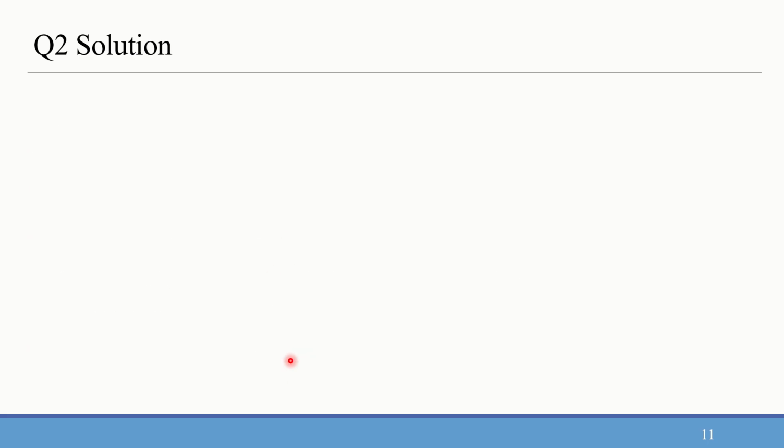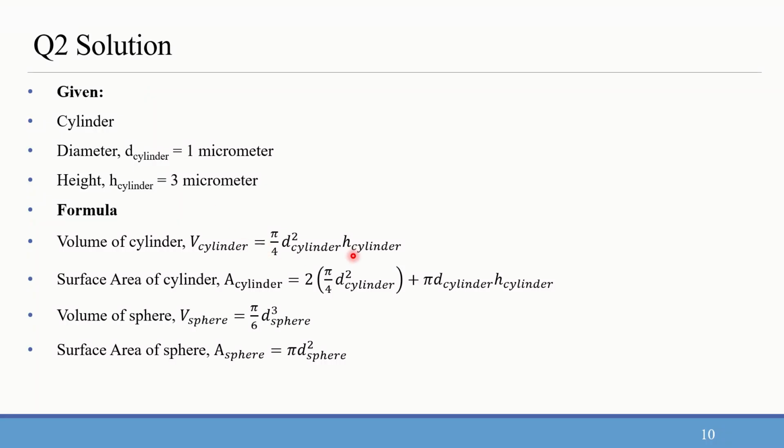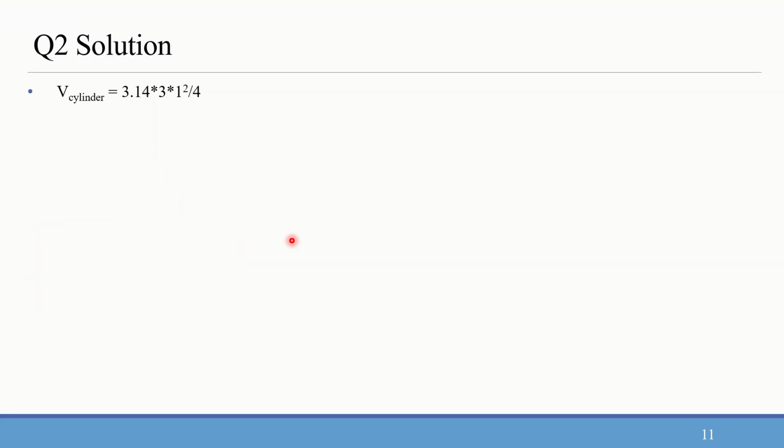So these are the four formulas which we are going to use. Now first let us find the volume of the cylinder. What was the formula? Pi by 4 d square h. So pi by 4 into d square into h.